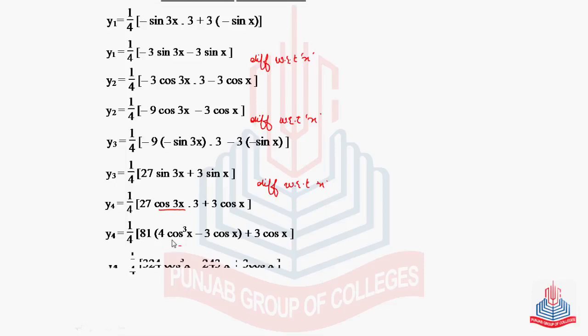Simplifying this, y4 will be 1 by 4, this 81 into 4 will be 324 cos cube x, 81 multiplied by 3 will be 243 cos x, and this 3 cos x will be as it is. Finally, simplifying, y4 is 1 by 4 (324 cos cube x, and 243 and 3 will be 240 cos x).